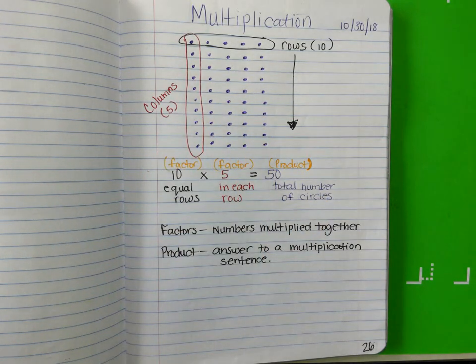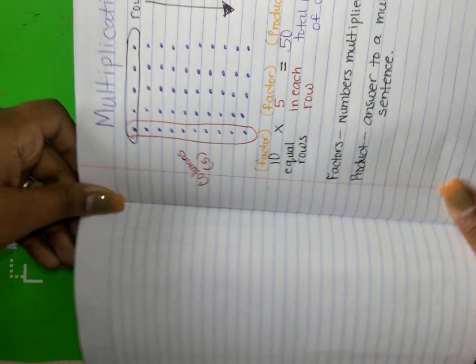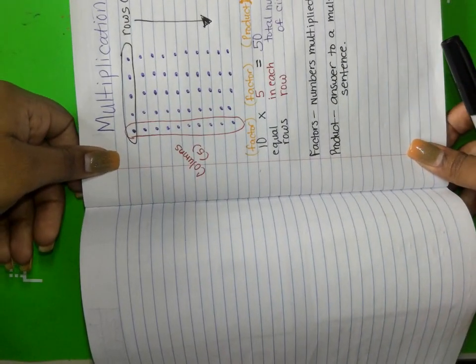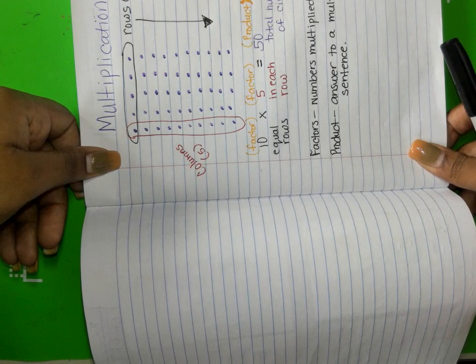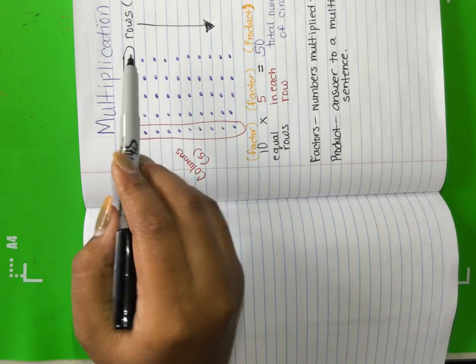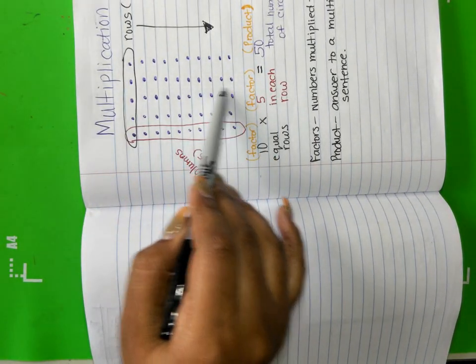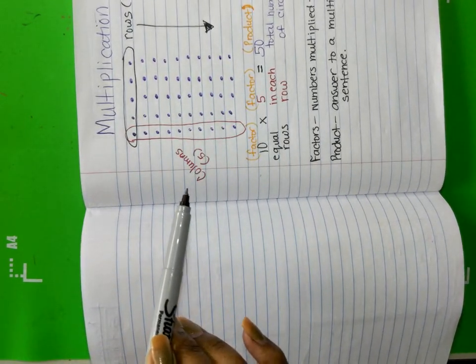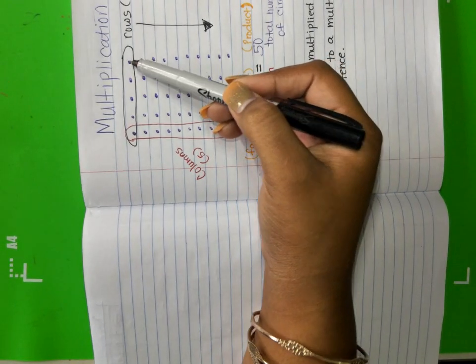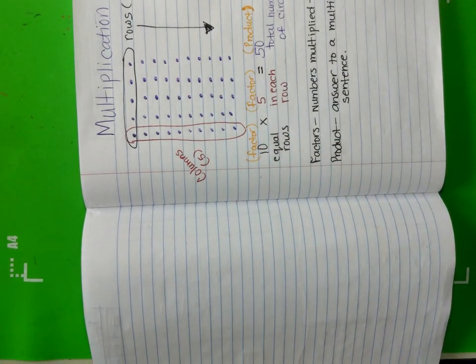Now we have our array set one way. If I were to take this whole array and turn it to the side, we're actually going to draw a picture of what it looks like to the side. I now see that I have 5 rows, and there are 10 dots in each row.